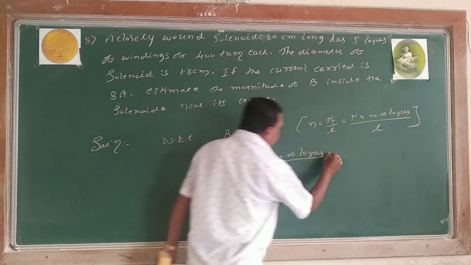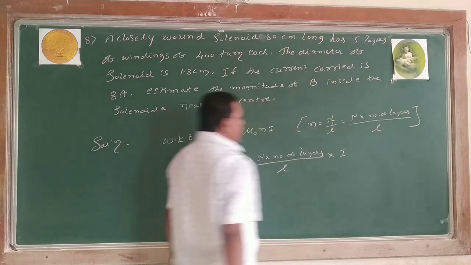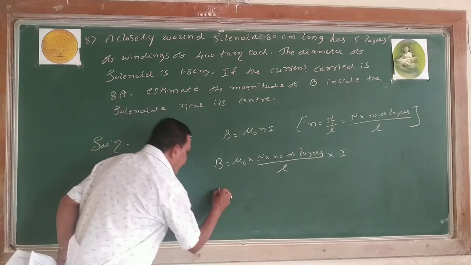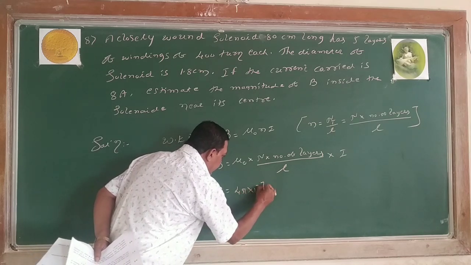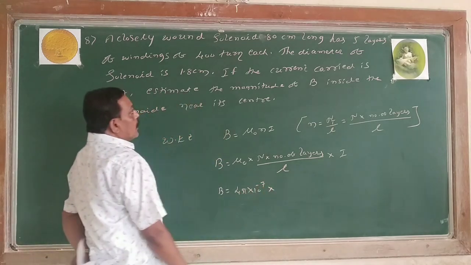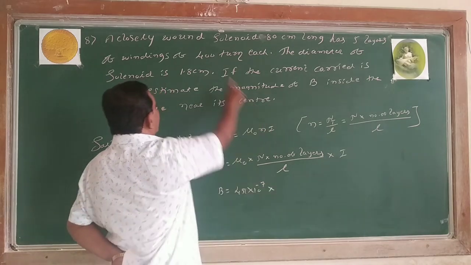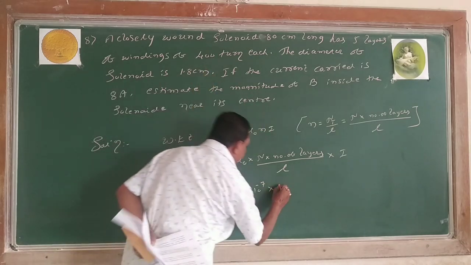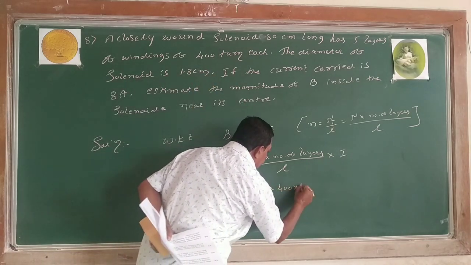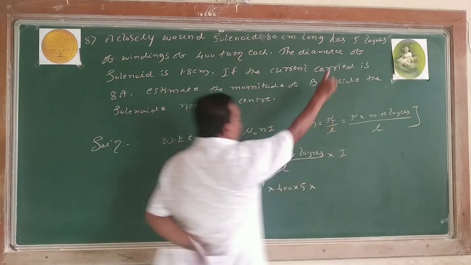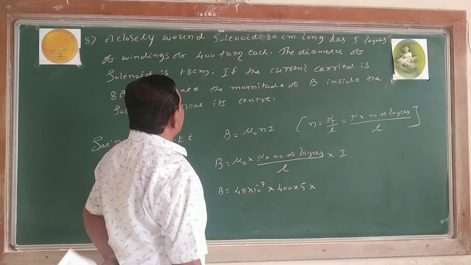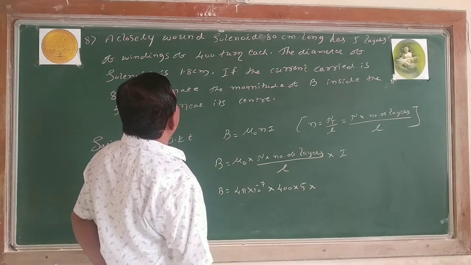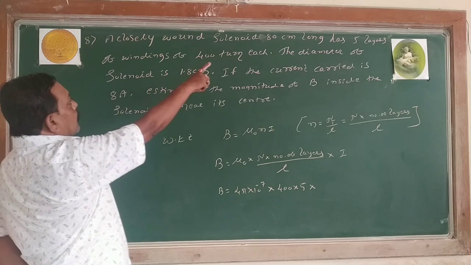Right? Then substitute. Mu naught equals 4 pi into 10 to the power of minus 7. What is number of turns? 400. How many layers? 5 layers. Then what is the current through the solenoid? 80 centimeter long. Current carried 8 ampere.